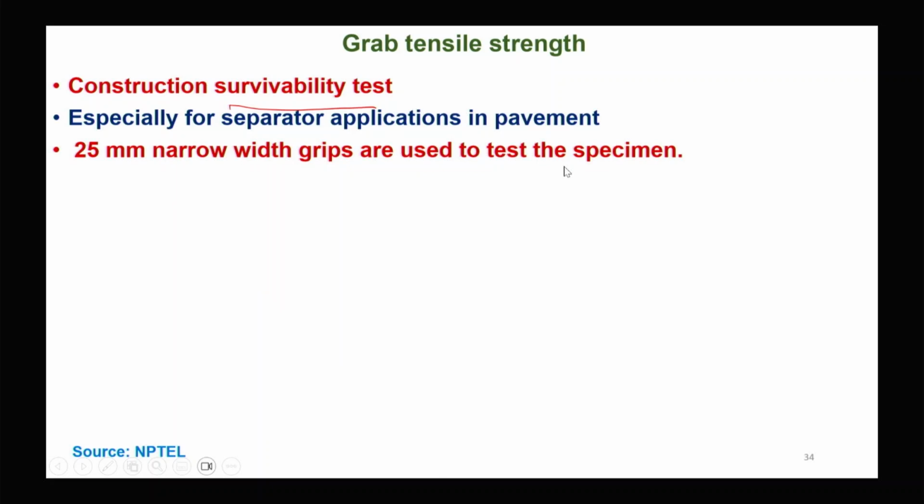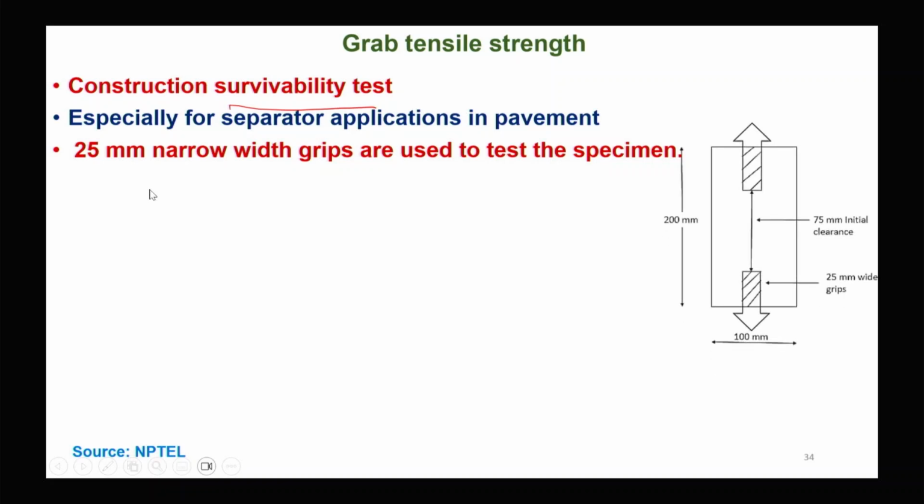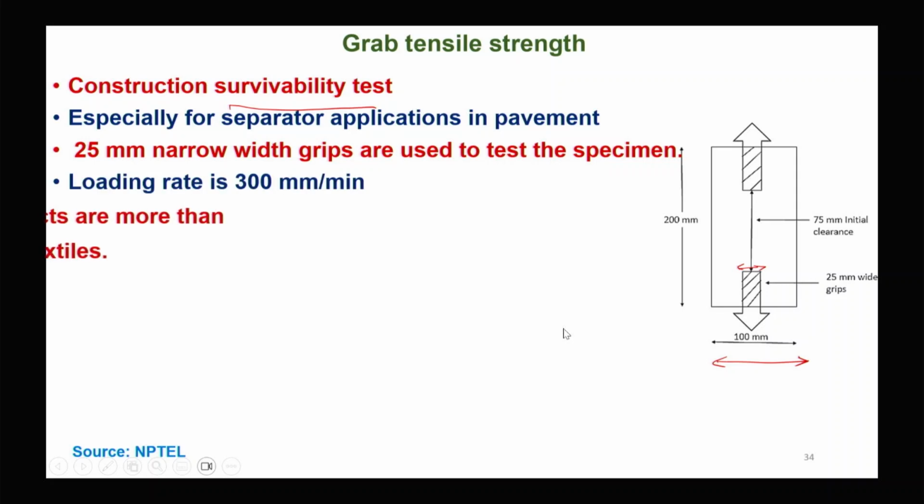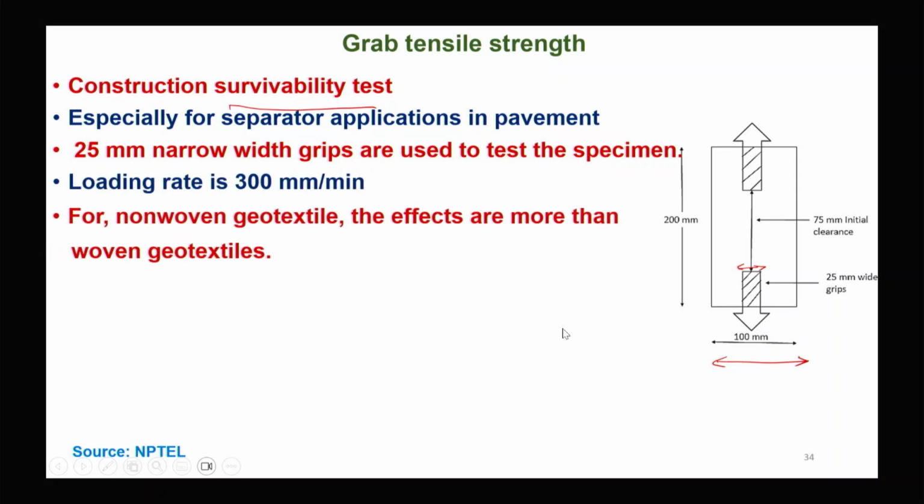You can see that 25 mm narrow width grips are used. Here this width is 25 mm, but the fabric width is 100 mm, so narrow width grips are used. Loading rate is 300 millimeter per minute. This is the standard method, and this is used for non-woven geotextile.